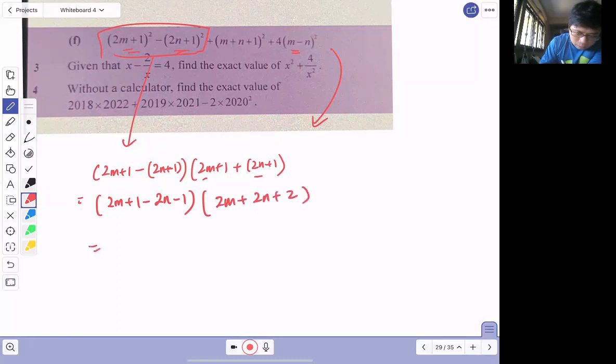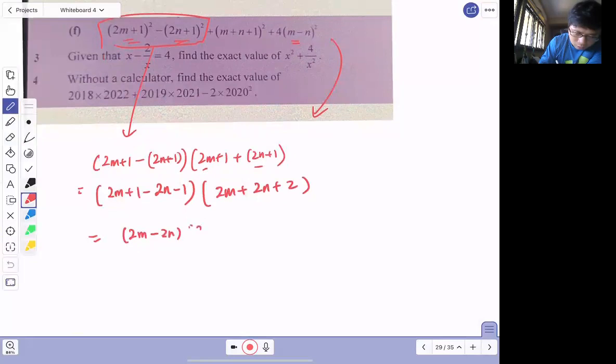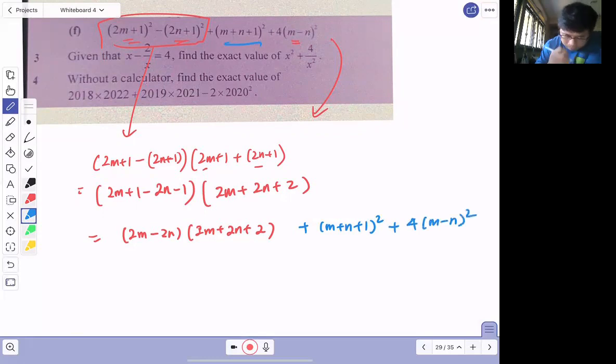This looks like 2m minus 2n, sorry, multiply by 2m plus 2n plus 2. Okay? Then this portion here, plus m plus n plus 1 square plus 4 bracket m minus n square.